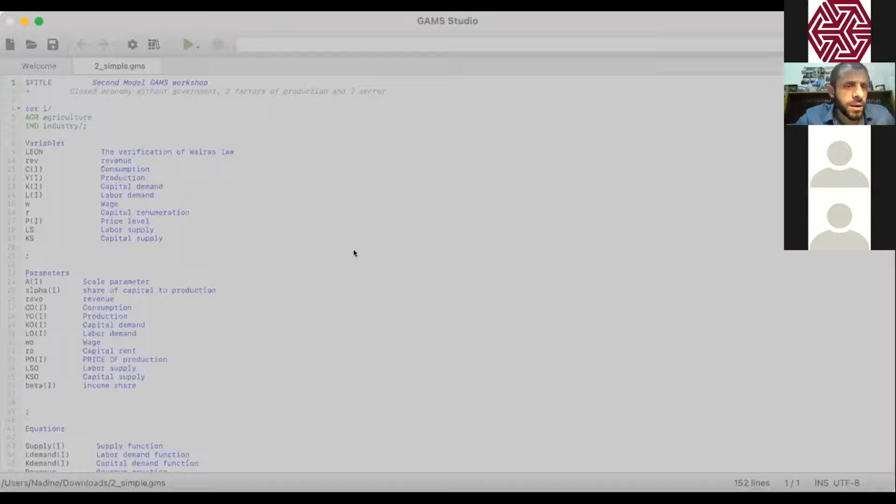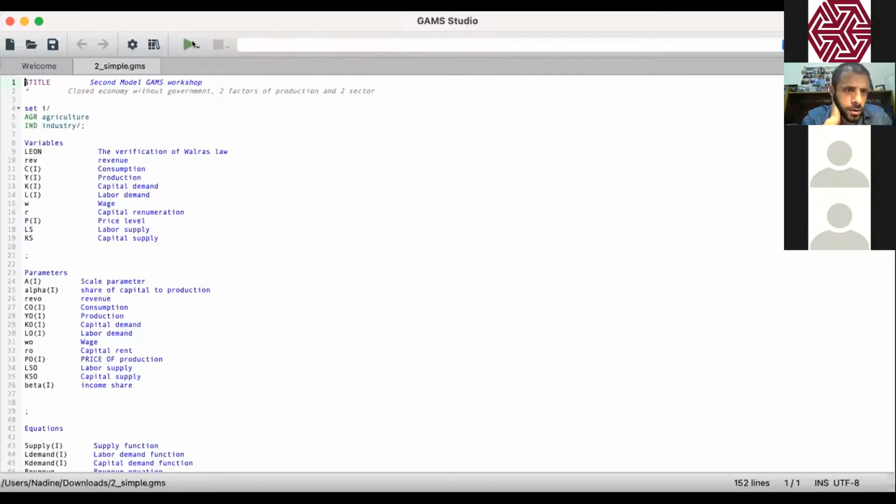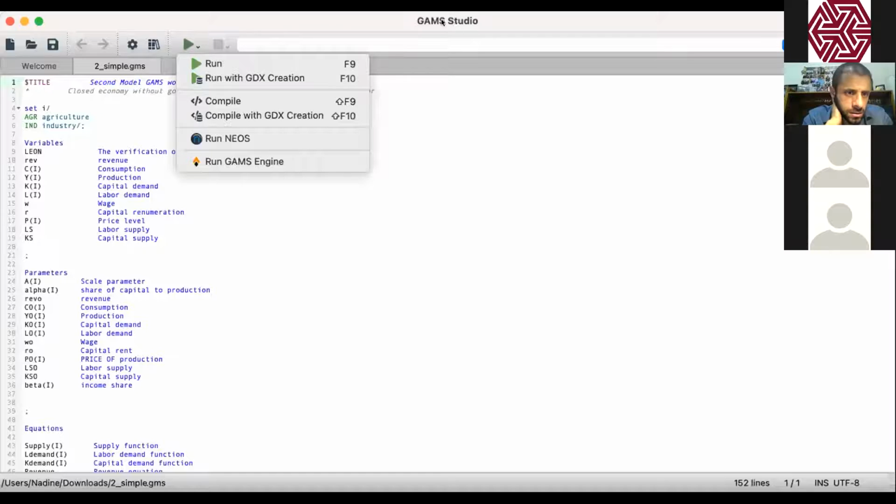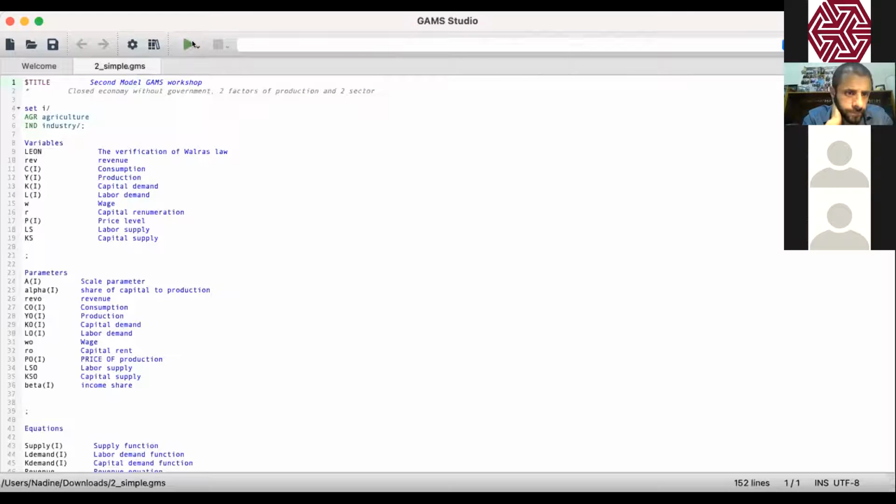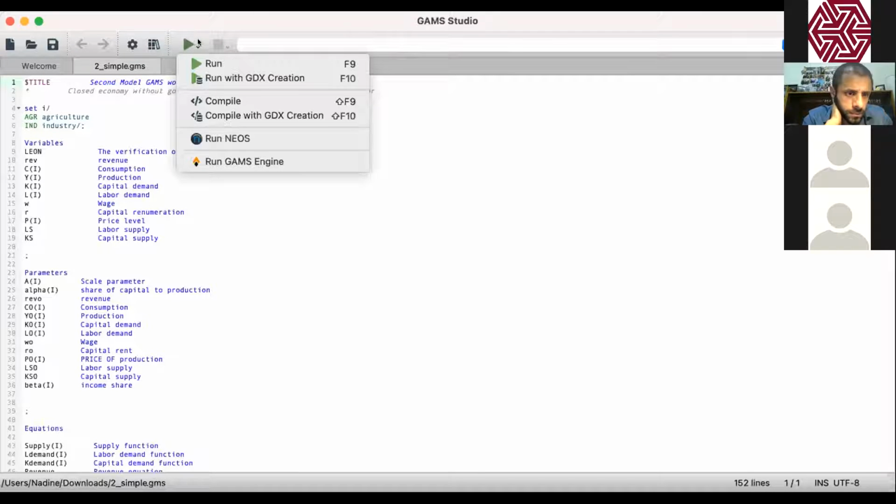Okay, so go out of the settings, and click on the drop-down menu below the green arrow. The green arrow in the settings? No, not in the settings, I mean up there in the toolbar. Oh, yes, this. No, run and one GDX. That's another thing.